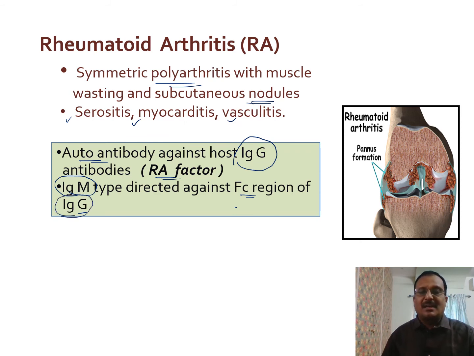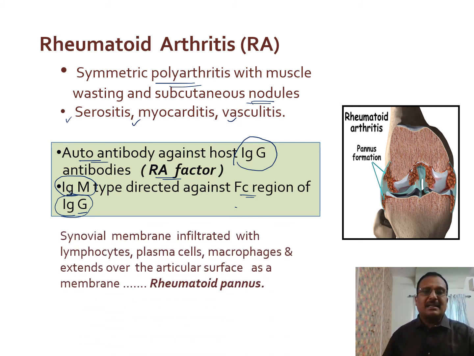Okay, is it clear? Don't get confused. What is this, antibodies against antibody? We have antibodies in our body, and against our own antibodies, IgM type antibodies are produced, and that is the specialty of rheumatoid arthritis. And here we can see the infiltration of the synovial membrane with lymphocytes. See, this is the synovial membrane. In this synovial membrane, you can see the infiltration of the cells.